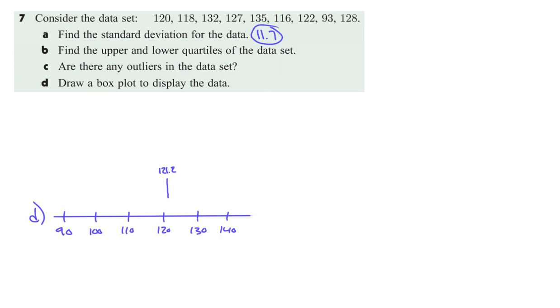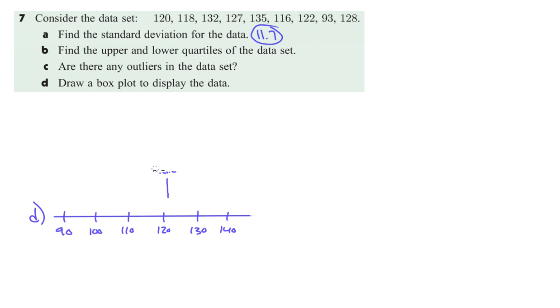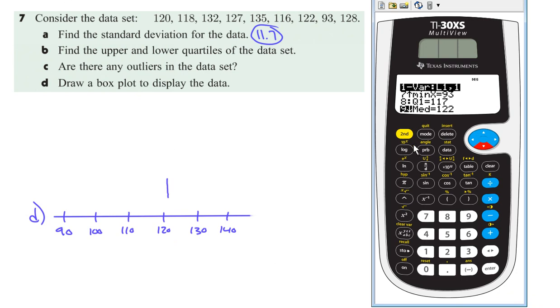Then upper and lower quartiles, we can go down through here. Minimum is 93. Interesting, they've got the median as 122. Sorry, 121.2 was our average, so that's not really our median, is it? Sorry about that.